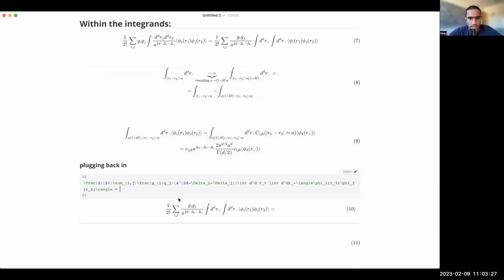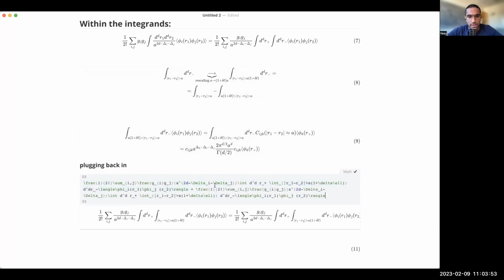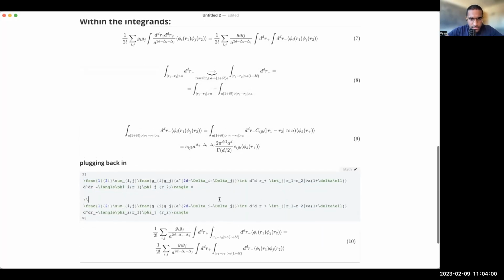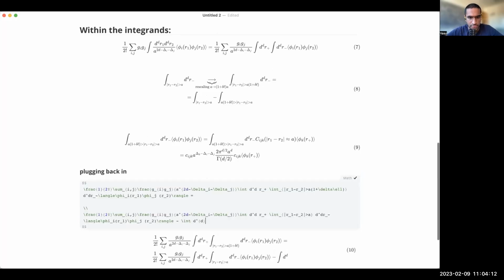So the original integral, let me write this as with 2 A plus L. So I write this as the entire thing with the original integration bound minus the result of our manipulation. So we have only the r plus integral.